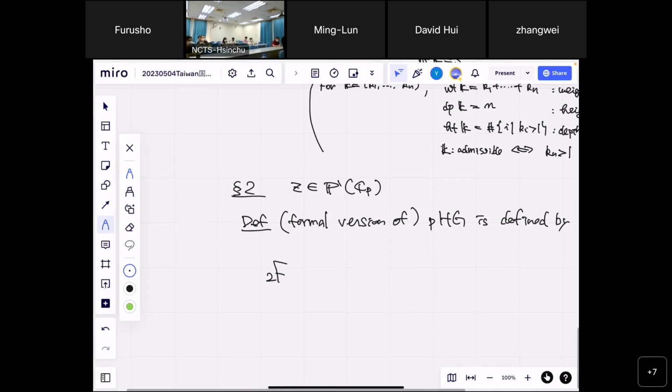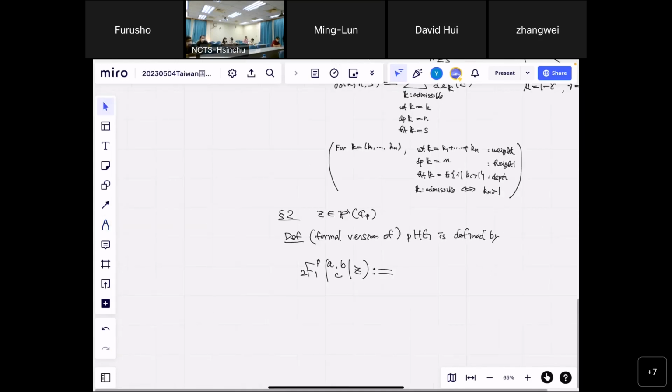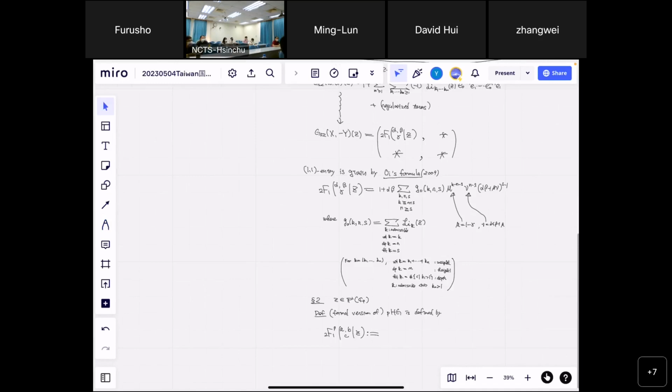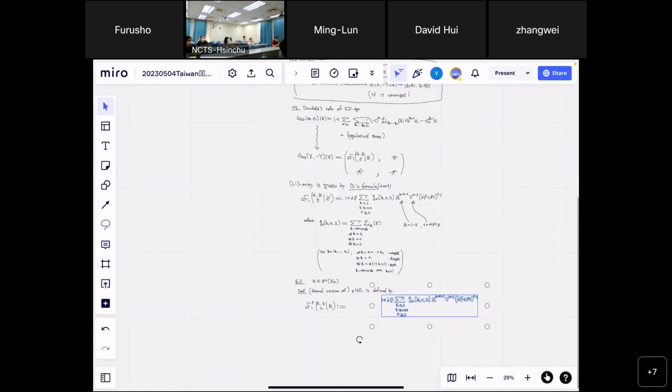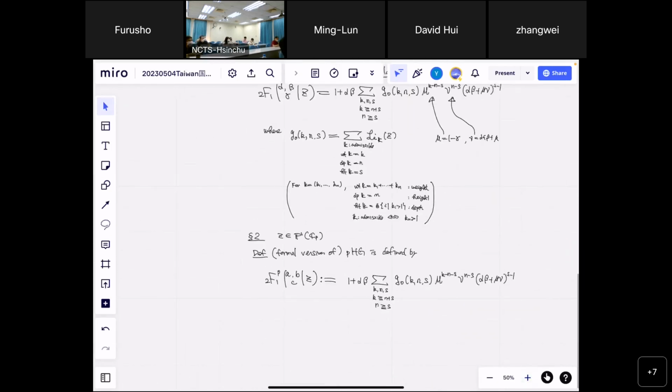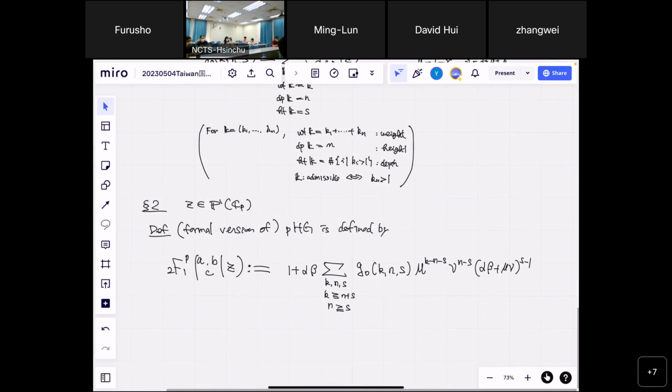There is A, B, C, the same formula. But the same formula, so.